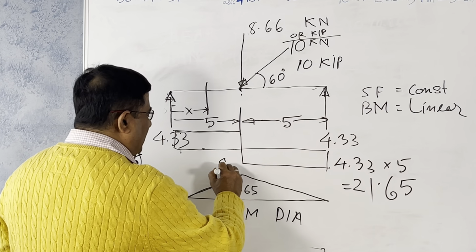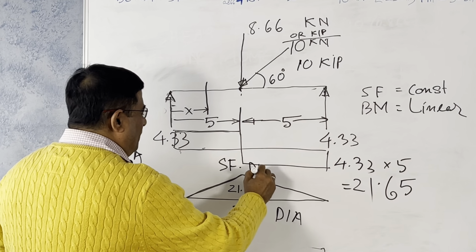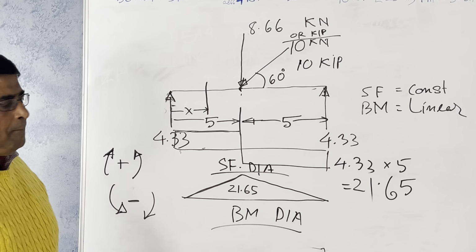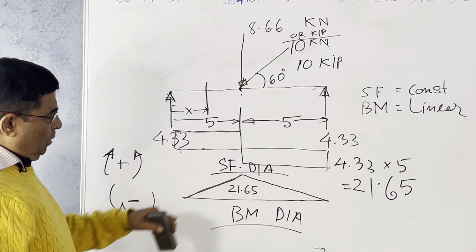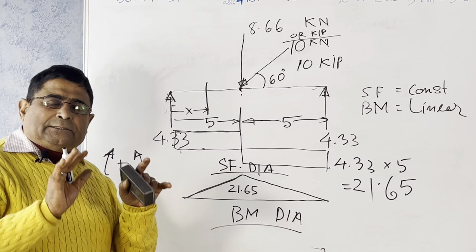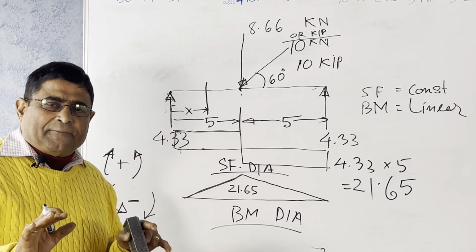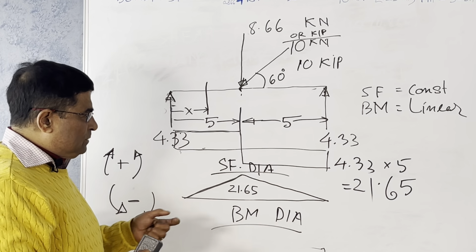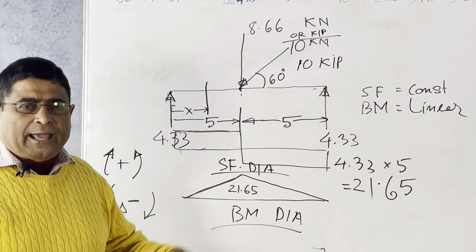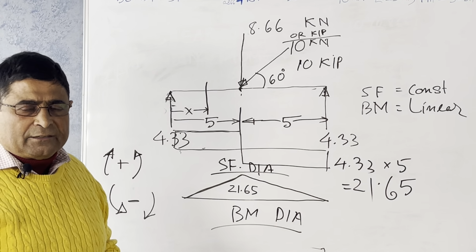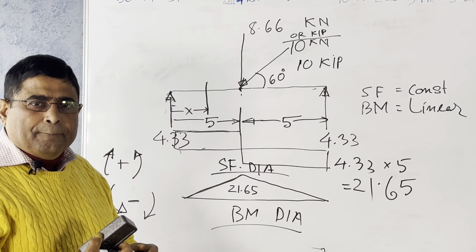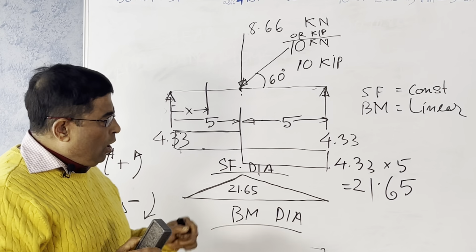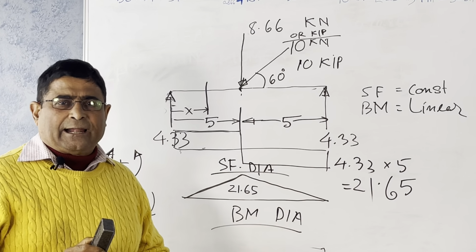This is SF diagram. So this is the very simple case of bending moment and shear force diagram. In the next lecture, I will be talking more about this. We will solve different types of forces on a beam, and try to see how it behaves and how the bending moment and shear force diagram will look.